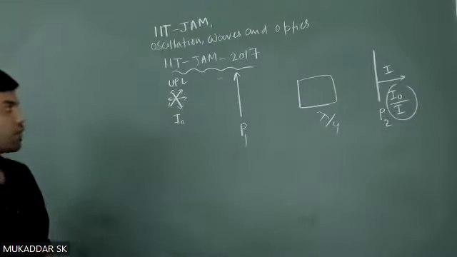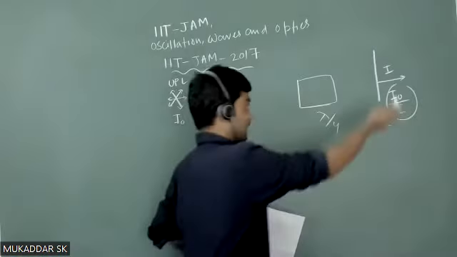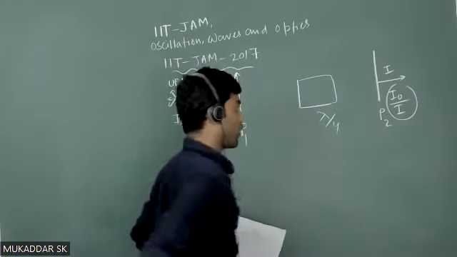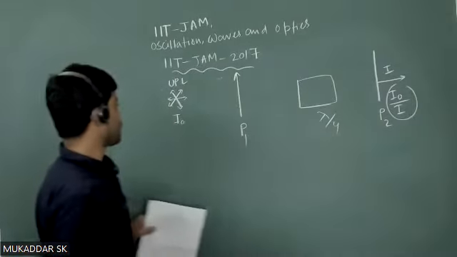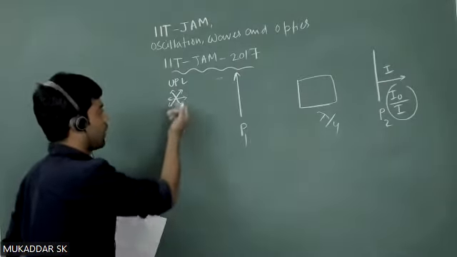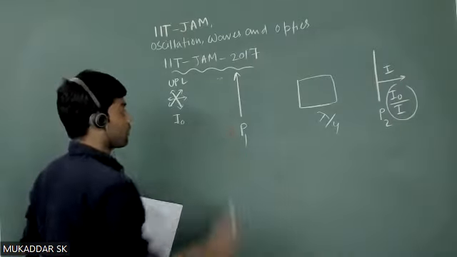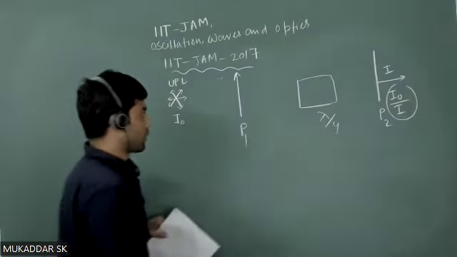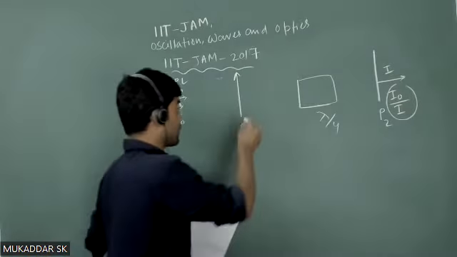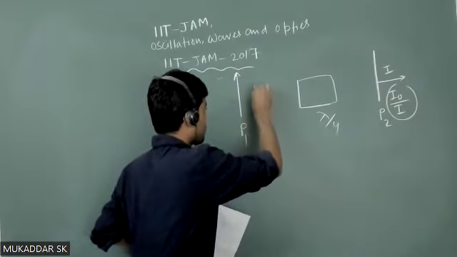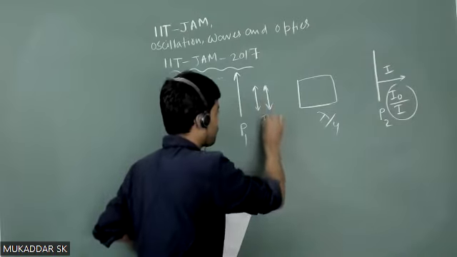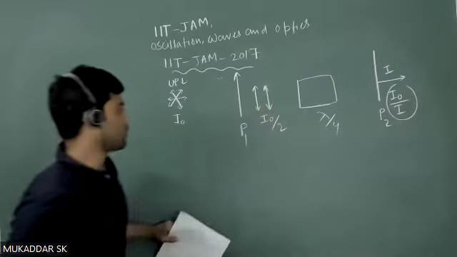To solve this question, first we have to calculate the intensity of the emerging ray from P2. As we know from Malus law, when light having intensity I naught, unpolarized light, is incident on a polarizer, the emerging ray will be plane polarized and its intensity will be half of the initial value.